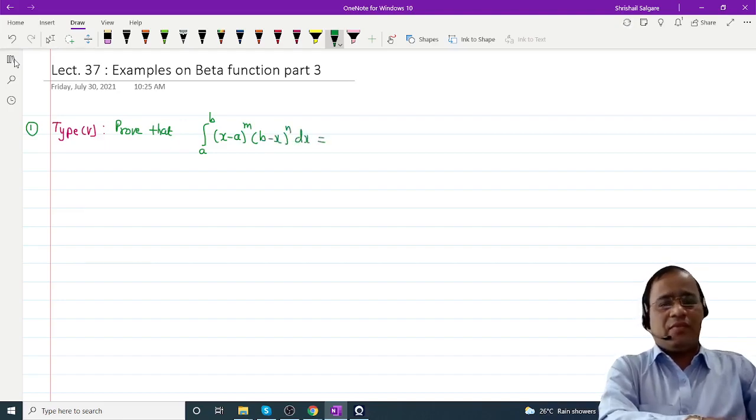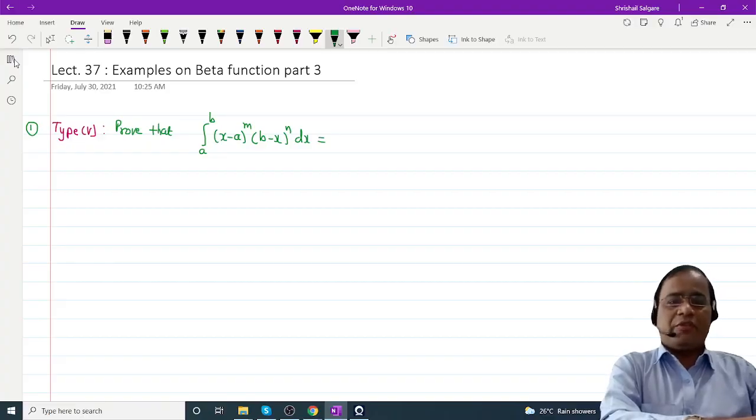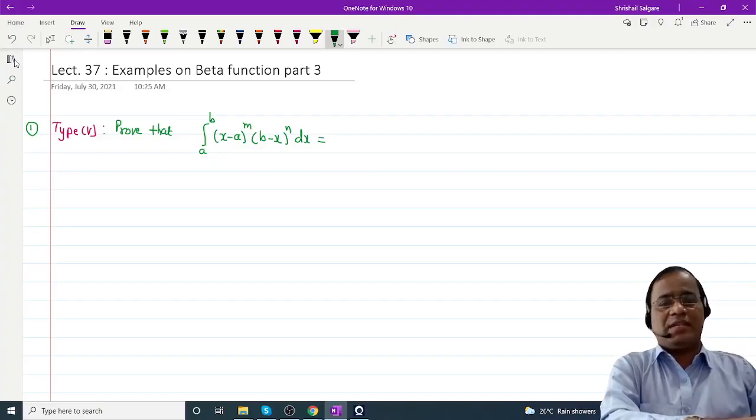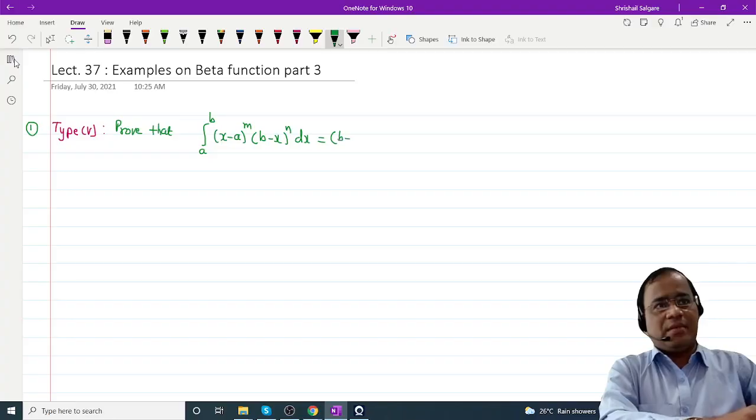One thing you can notice: one factor is x minus the lower limit, and the other is the upper limit minus x, and this answer comes as b minus a raised to m plus n plus 1 into beta of m plus 1 and n plus 1.